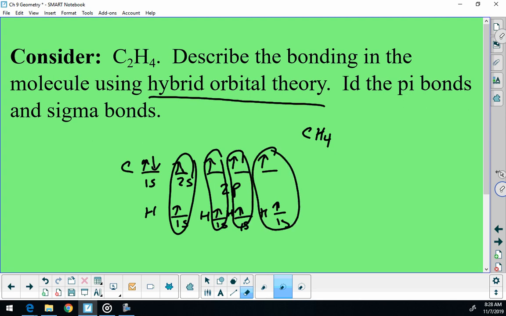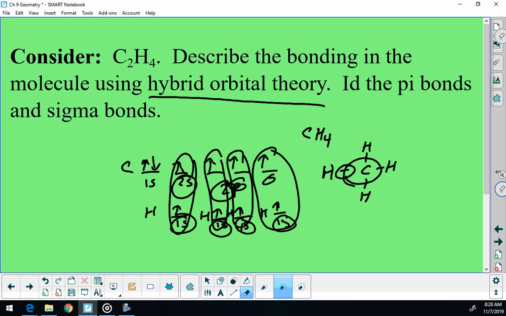And so then we'd have 4 bonds, but we'd have one bond that is a 1s to a 2s, and 3 bonds that are 1s to 2p's. So we'd expect that one of these bonds would be shorter or different than the others in my methane. And that's just not the way reality is. In methane, all 4 of these bonds are the same type.